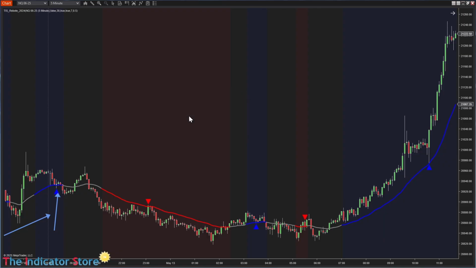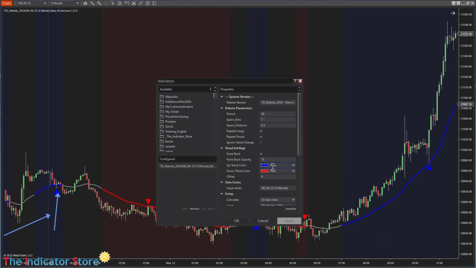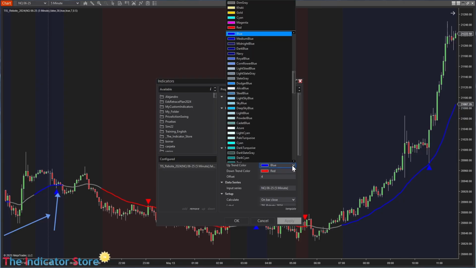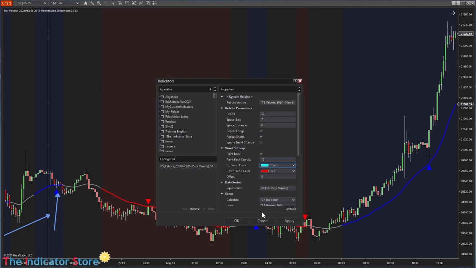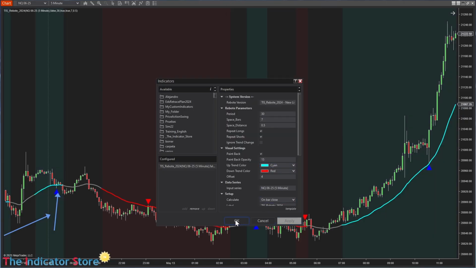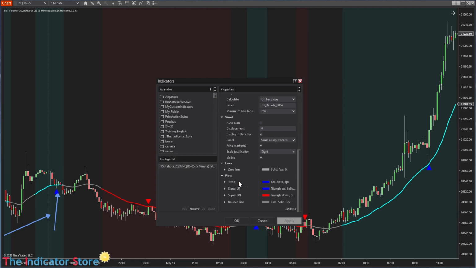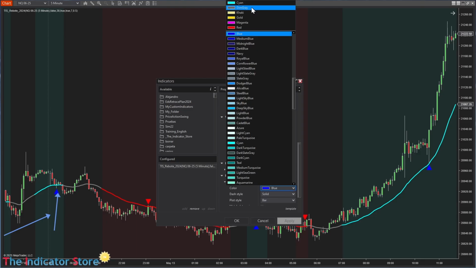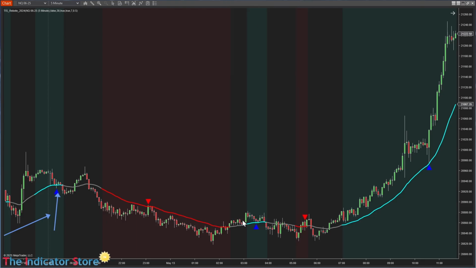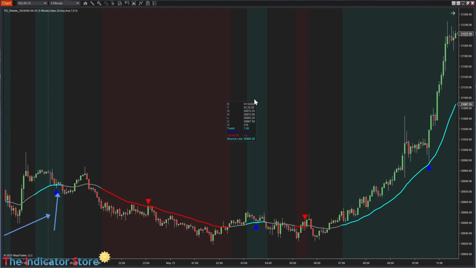Let me change the color so it is more visible. Okay, so now we can see that when the trend of the setup is positive, it is 1.